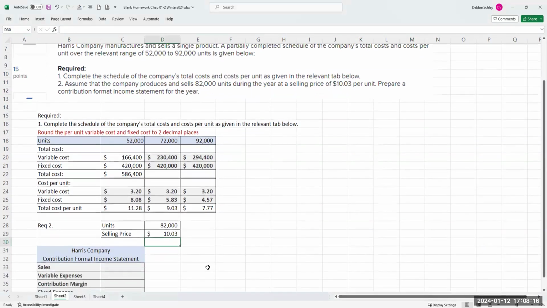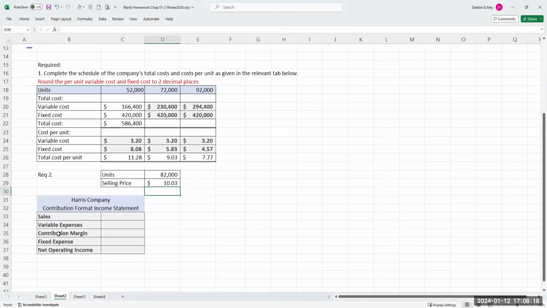Okay, so if you'll recall, in the book, you're going to have to put in these labels, and a contribution margin format income statement always has sales minus variable expenses equals contribution margin minus fixed expenses equals net operating income.